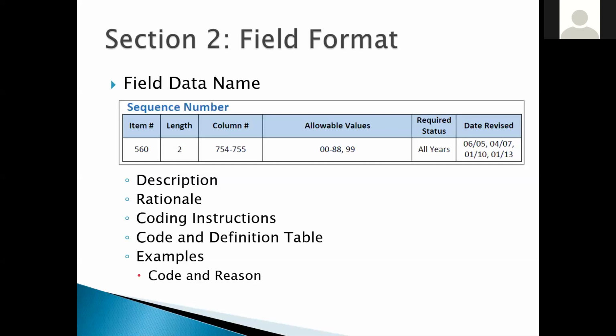Anything that's not listed won't be right and you'll get an edit, all right? And then the required years, which you may have to pay closer attention to when and if you have to abstract old cases. So for now, really pay attention to the length and the allowable values.